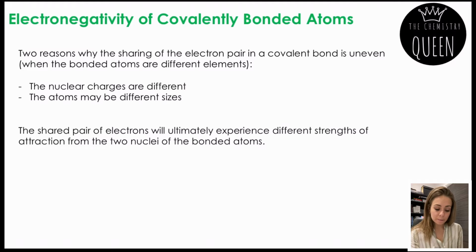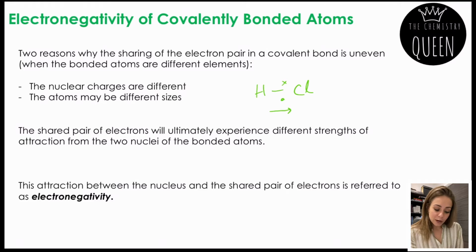So if I go back to this hydrogen chloride example, and I said the electrons lie more towards the chlorine atom, this means that the attraction between the electrons in the bond and the nucleus of the chlorine atom is stronger than the attraction between the shared pair of electrons and the nucleus of the hydrogen atom, hence why they are more strongly attracted to the chlorine, so they will lie closer to the chlorine atom.